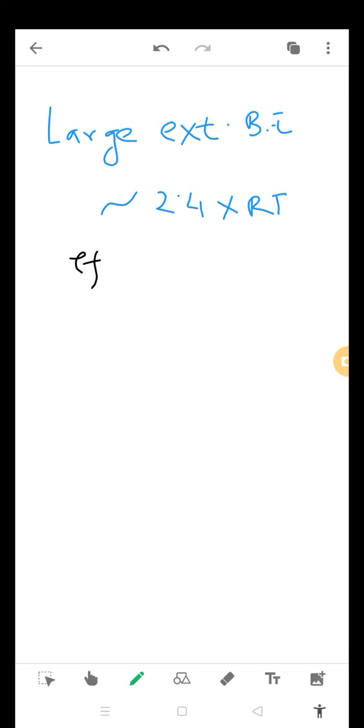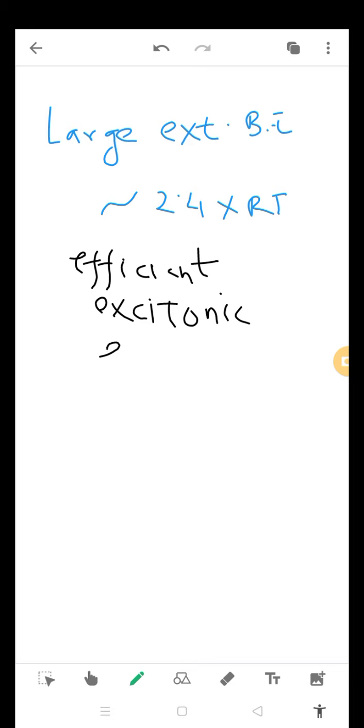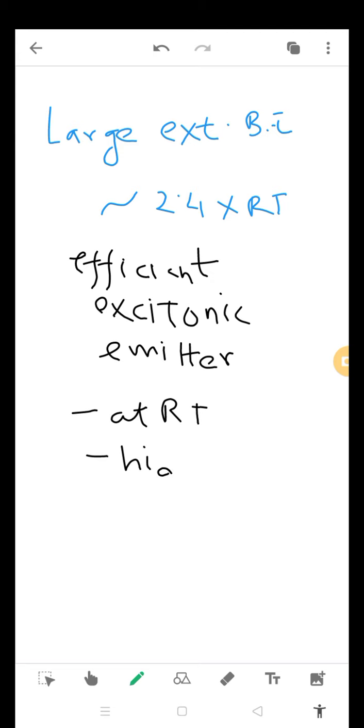So it's an efficient excitonic emitter at room temperature as well as at high temperature.